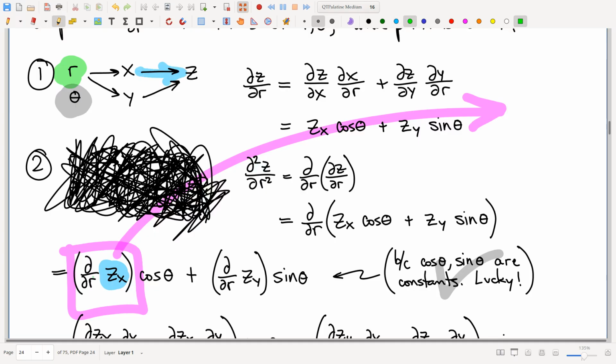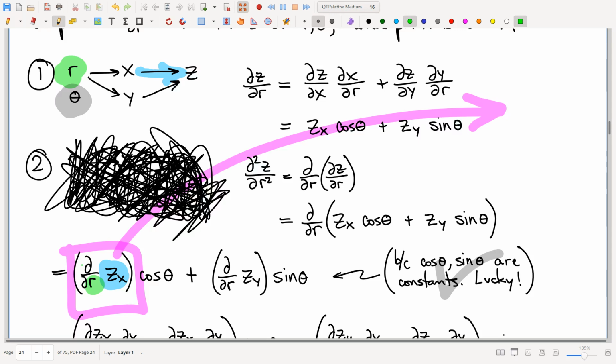And so if I want to take its partial with respect to r, okay, well, I get the idea that the partial derivative of z_x is related to this arrow, but how do I take a derivative of that arrow with respect to that variable? We don't have a deal for that. That's not on our list. We've never done that. We don't have a move for that. This goes nowhere. This doesn't help us.